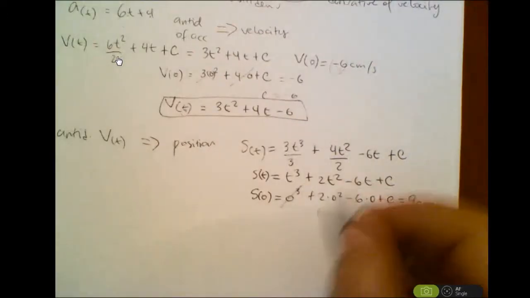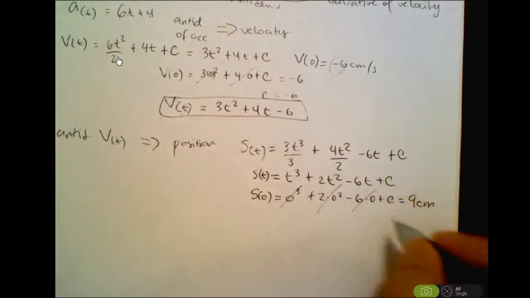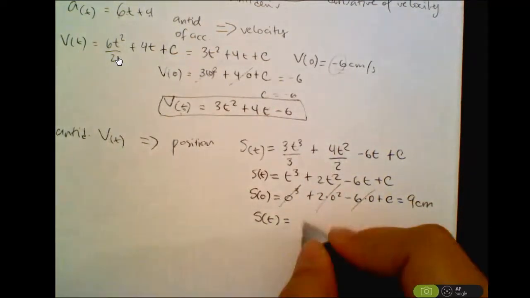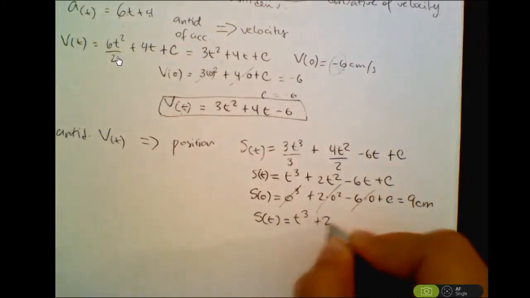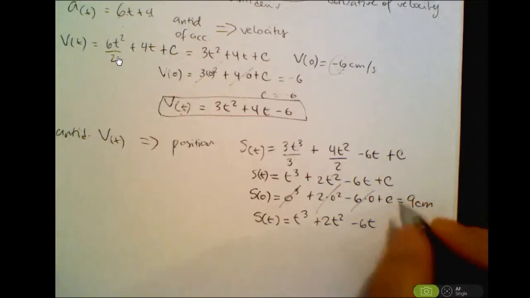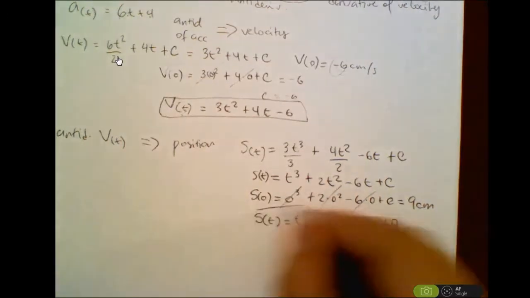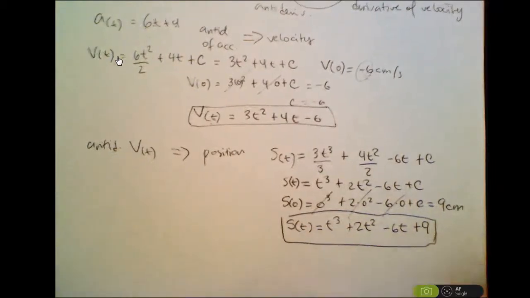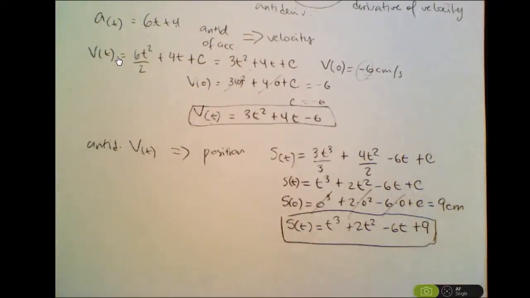So in here this is 0, this is 0, that's 0, so c is 9. So now s of t is t cubed plus 2t squared minus 6t, and I found out that c is 9, so I just put plus 9. And now the position of this particle is well defined at any time t.